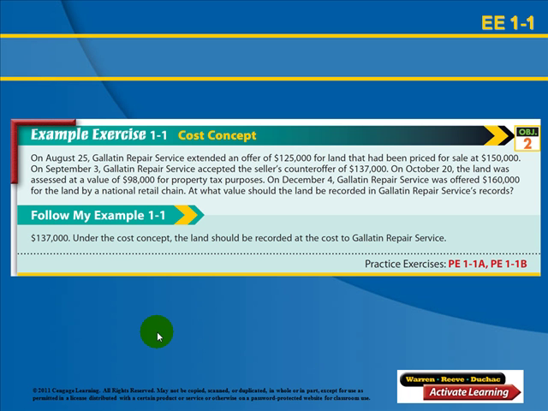On October 20, the land was assessed at a value of $98,000 for tax purposes, and on December 4th, Gallatin Repair Service was offered $160,000 for the land by a national retail chain. At what value should the land be recorded in Gallatin Repair Service's records? It should be recorded for $137,000 because under the cost concept, the land should be recorded at the cost to Gallatin Repair Service and no other amount.